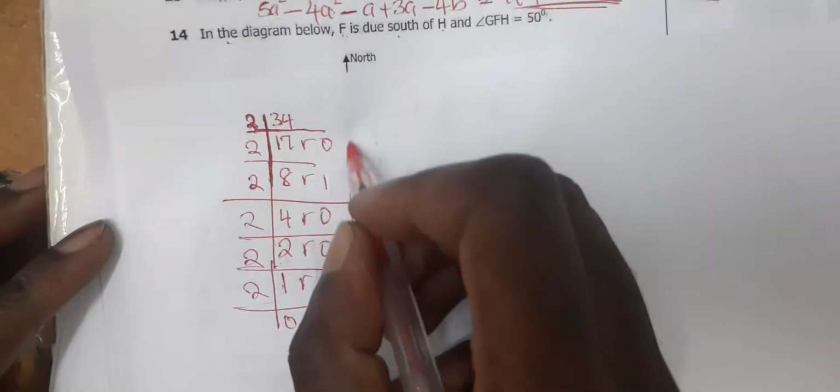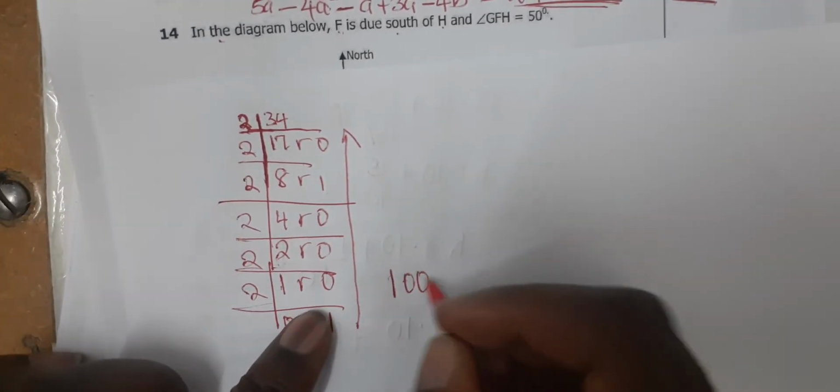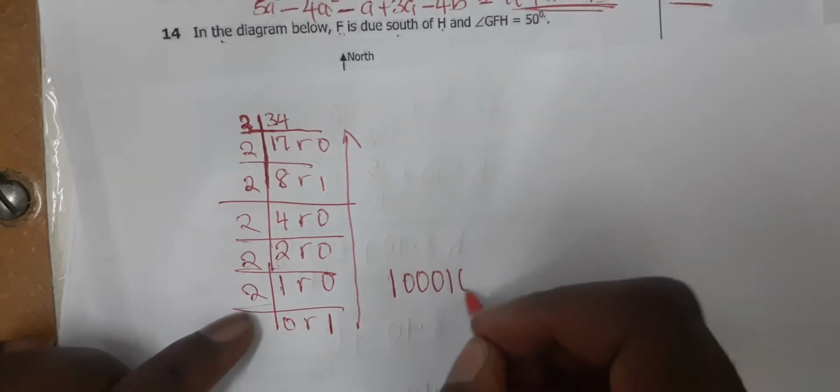Then 2 into 2 is 1, remainder 0. And 2 into 1 is 0, remainder 1. So how do we get our answer here? We read the remainders from this side, isn't it? So we have 1 0 0 0 1 0.